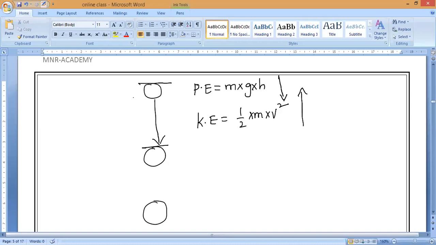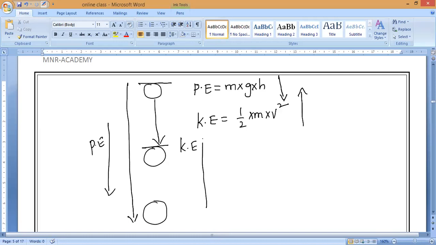So when the ball is freely falling, what is happening? Potential energy keeps on decreasing and kinetic energy keeps on increasing. That is what we observe. As the ball falls more and more, its potential energy is gradually converting into kinetic energy.